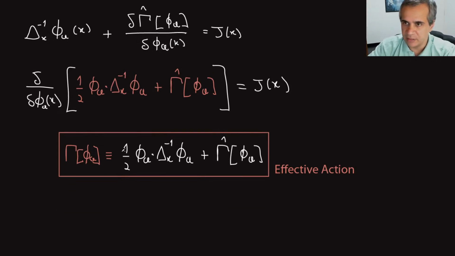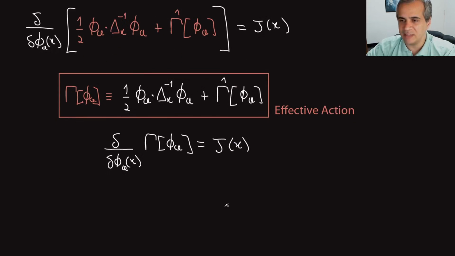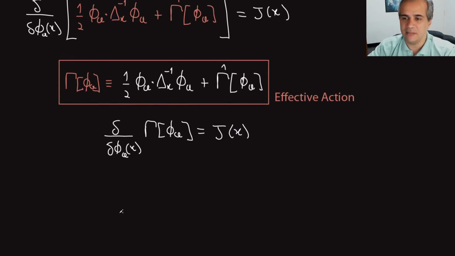If I write this here, I'm saying that the variation of this quantity in relation to phi classical is equal to the source. Just remember what happens in classical field theory. If I have an action in the presence of a source, so this is the action and this is the source term.